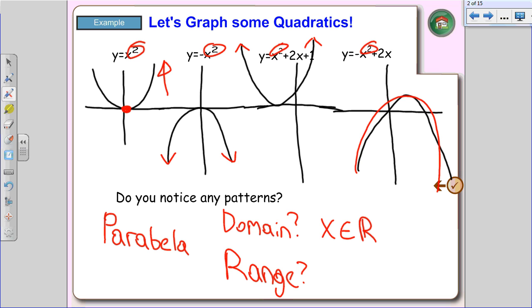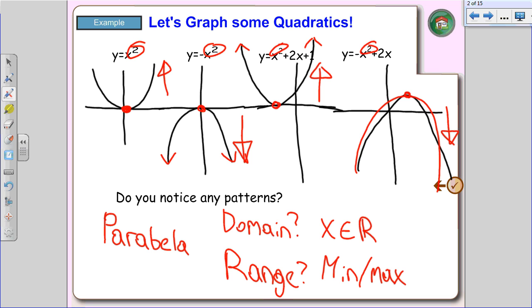If we look at the other one, we go to infinity the other way, but now we have a maximum point, a point where the graph can't go any higher. And we see the same thing for these other two. That means the range always produces a min or a max. And that's an important thing to know. These are things we're going to be calculating all the time.